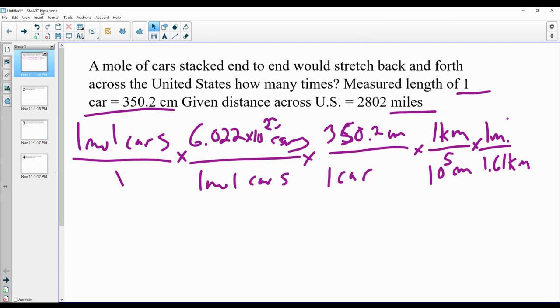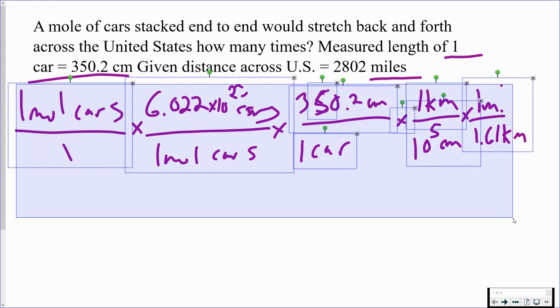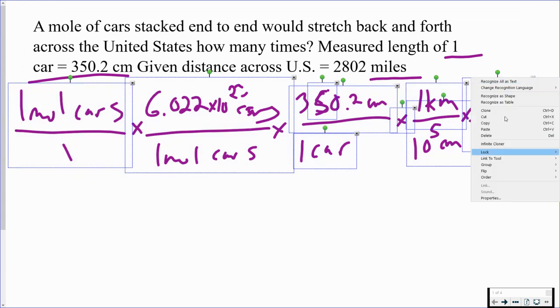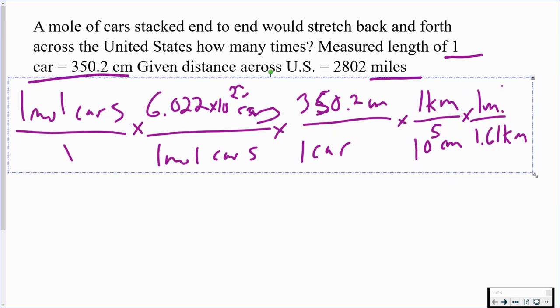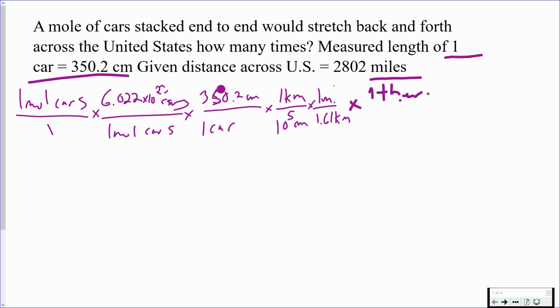And that would help. All right. Just going to group these together because we need some space. Shrink it down a little bit. So now we're in miles. Well, there is 2,802 miles.